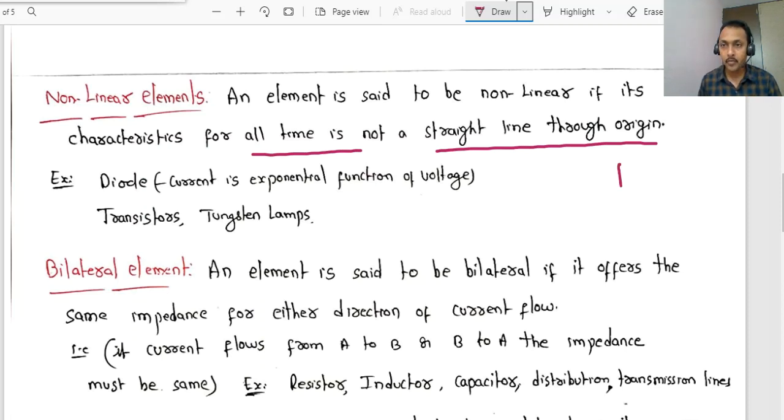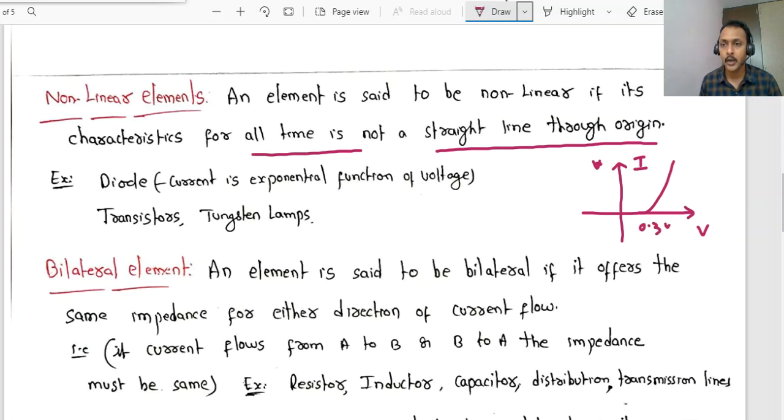For example, if you observe the diode, right? If you plot the VI characteristics for the diode, current and V, up to a certain point there will be nothing, and after breakdown only there will be sudden conduction in the diode, depending upon the type of semiconducting material used.